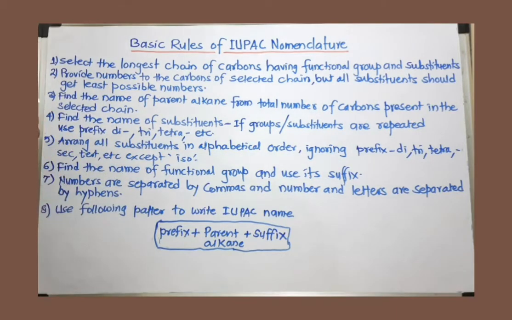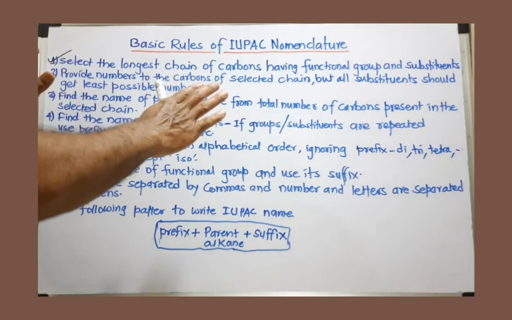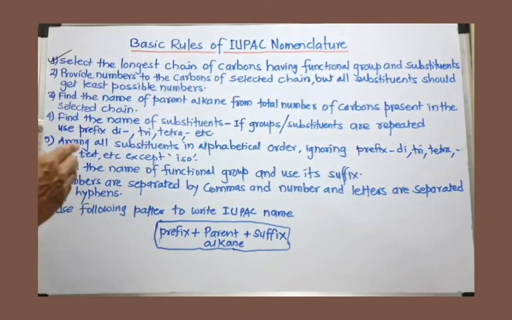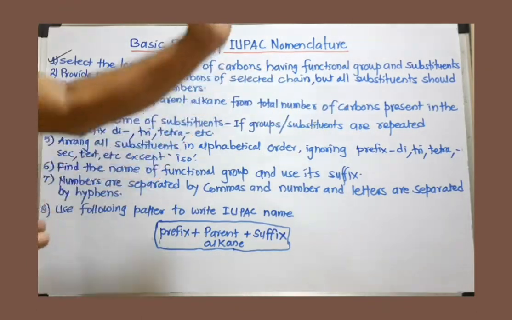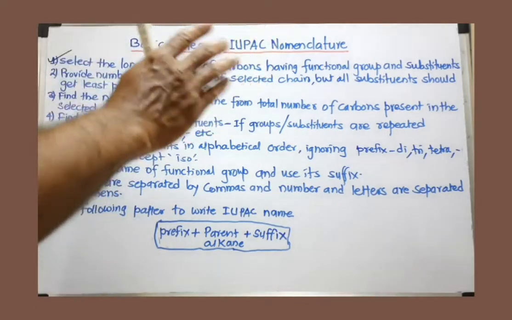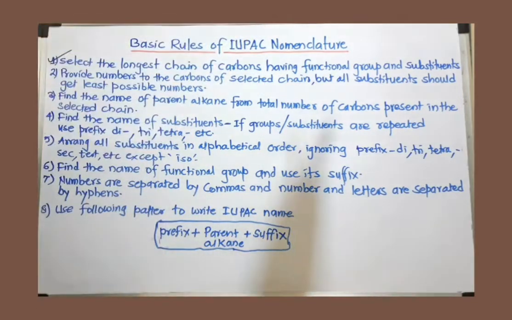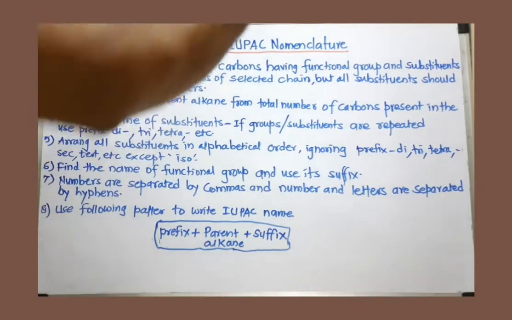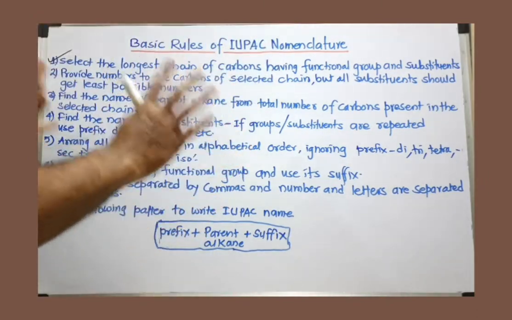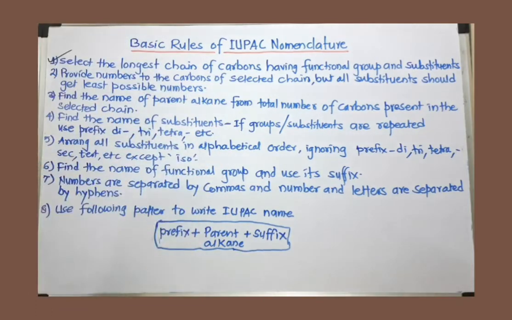So this is a very crucial job. If you miss it, your name will be wrong. So the first rule is to select the longest chain. You can use a pencil and find the longest chain of carbon that may be a straight line, or a branch, or zigzag or anywhere. You have to just start from one terminal and go to the other terminal. Try different ways and find the maximum number of carbons present in the longest chain. So this is a very crucial part of IUPAC nomenclature.